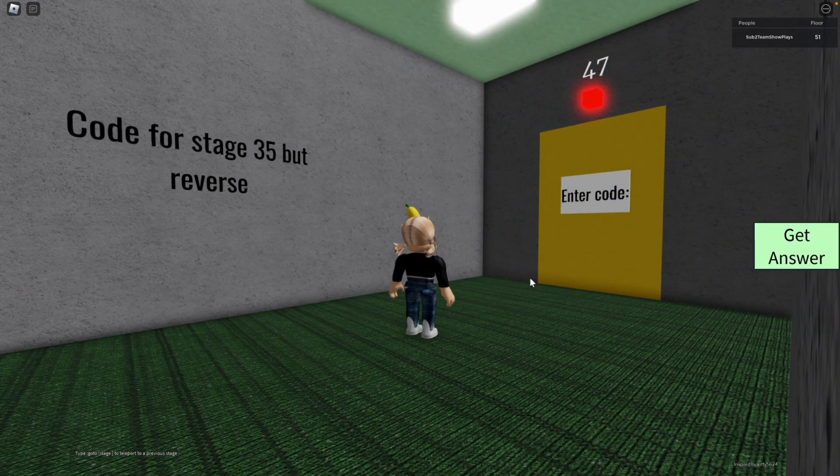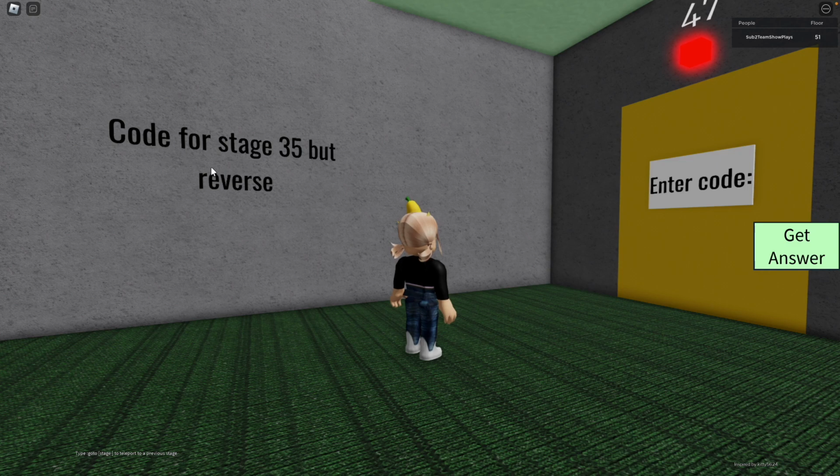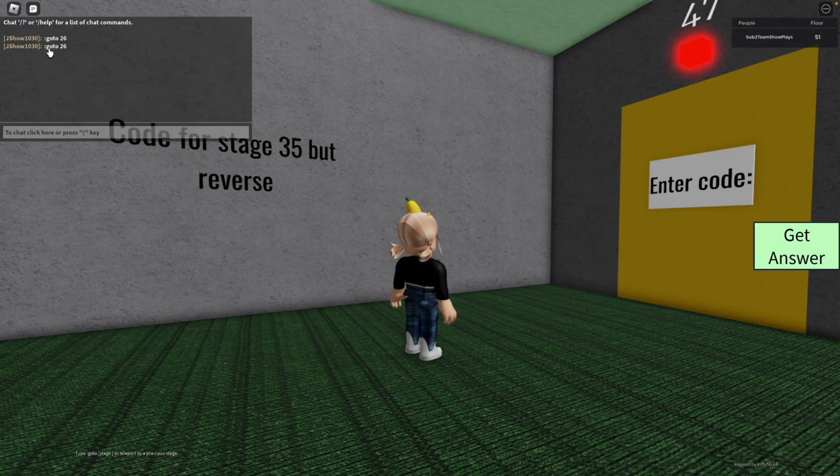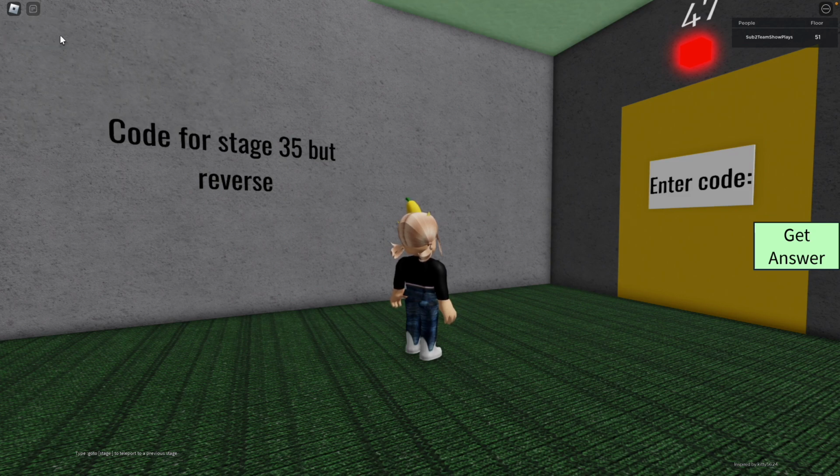For number 47, it says the code for stage 35, but in reverse. I can do the whole go to, and I'll show you how. You do a colon, then type in go to, and then a space, and then type in 35. I'm not going to make you do that with me because it'll take too much time.